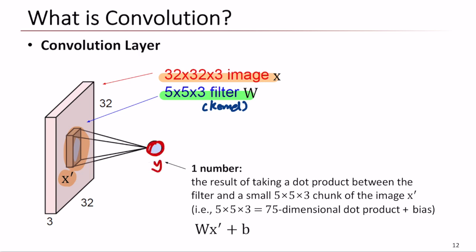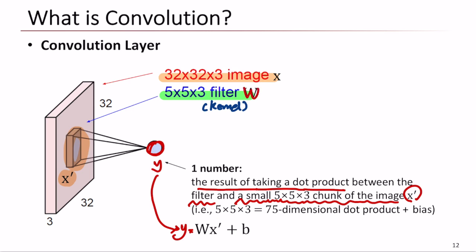Let's say Y. In other words, the result of taking the dot product between the filter and a small 5 by 5 by 3 chunk of the image, let's say X prime, is that Y is equal to W, in this case W is 5 by 5 by 3, times x prime plus bias.